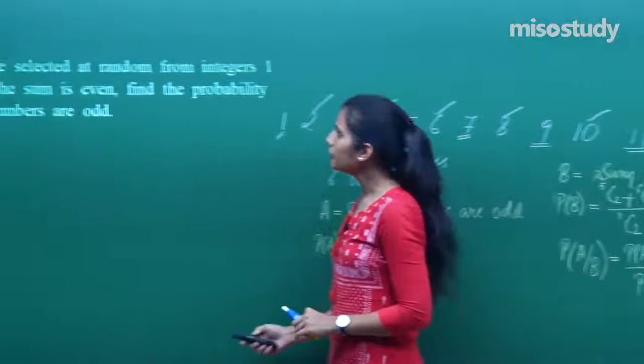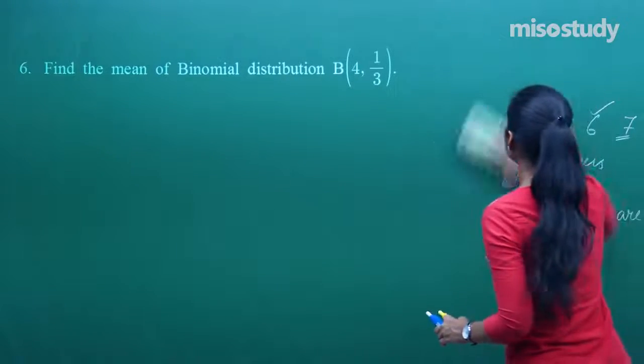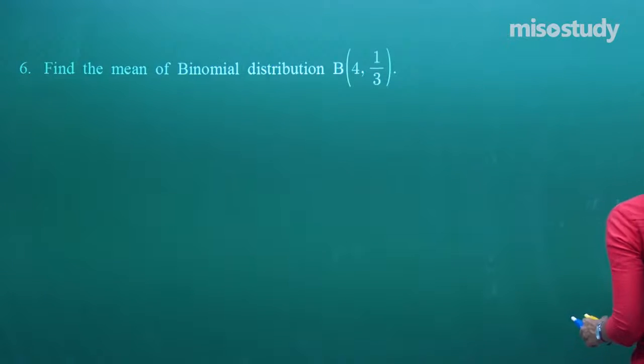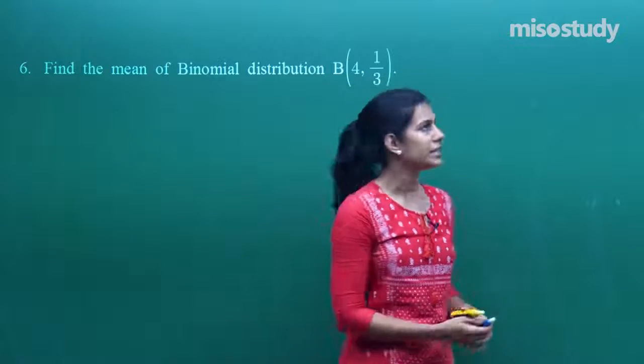Moving to the next, we have find the mean of this binomial distribution. Now clearly you should be aware of what information B(4, 1/3) is giving you. This is sufficient information to actually lay down the entire binomial distribution of the binomial variate capital X and hence compute the mean. How?